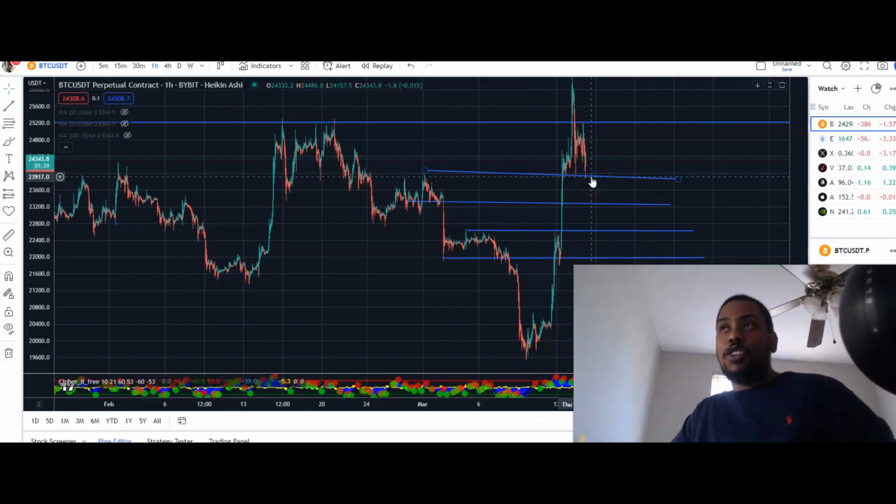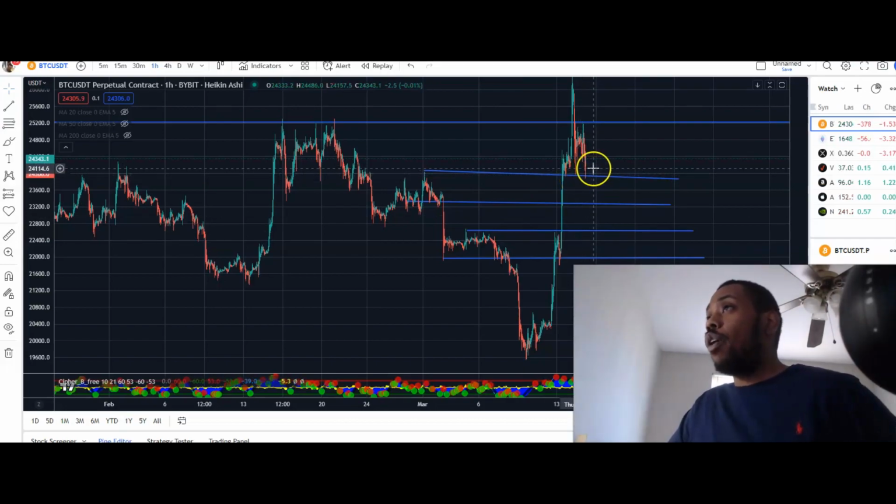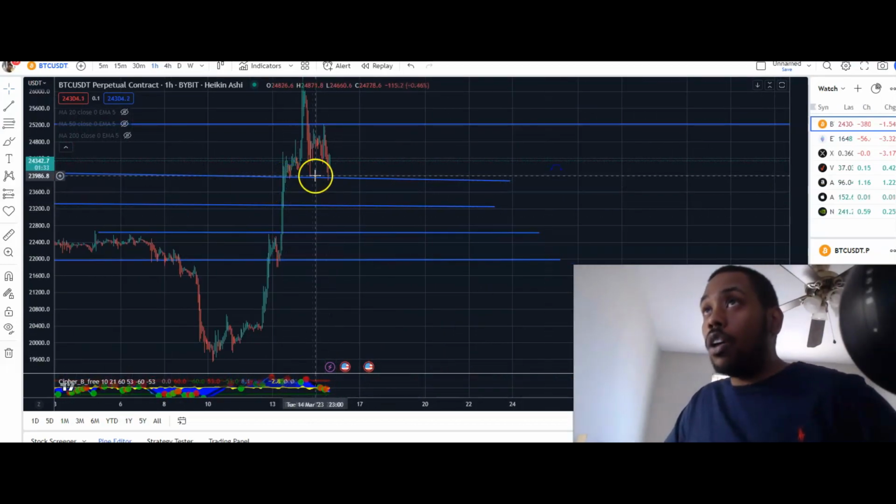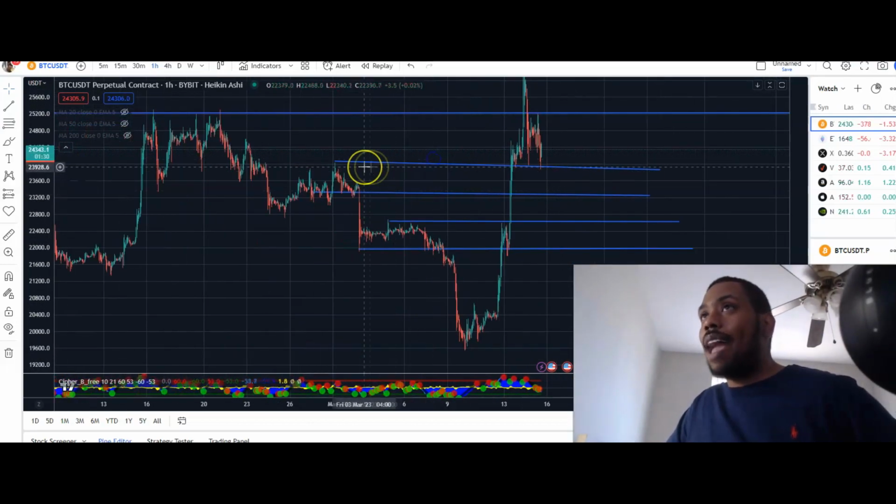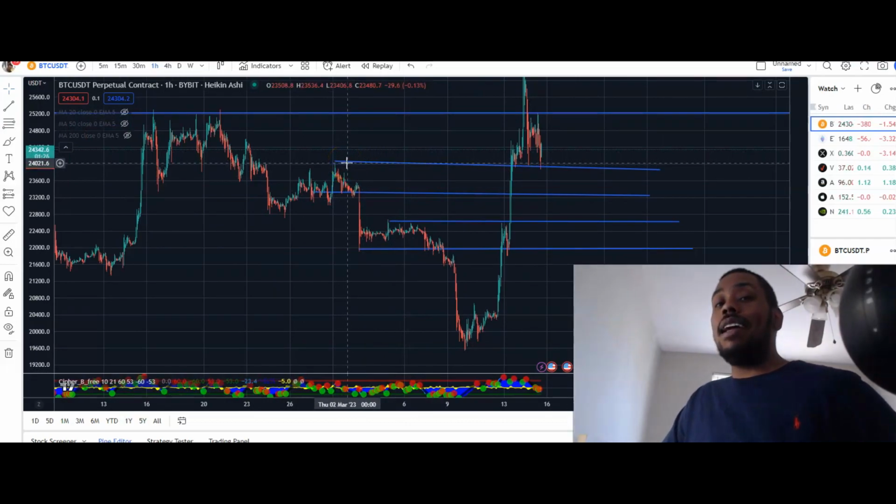Like, I can imagine on the leverage exchanges, you probably have a lot of people, of course, opening up longs right here due to the fact that we're at the very top of this range and we can be considering it as support, but it's not confirmed yet.